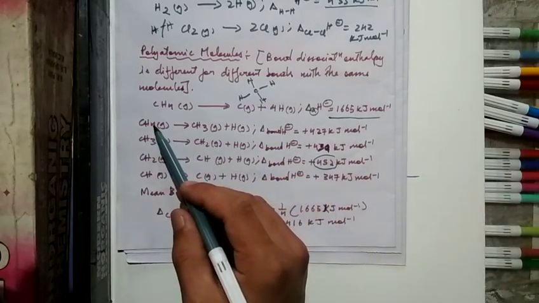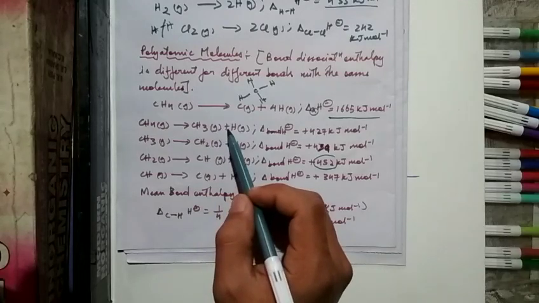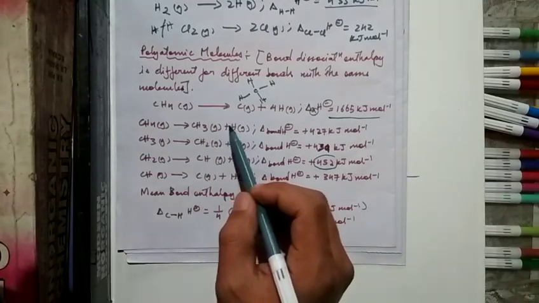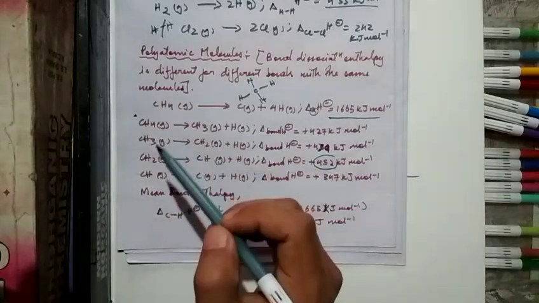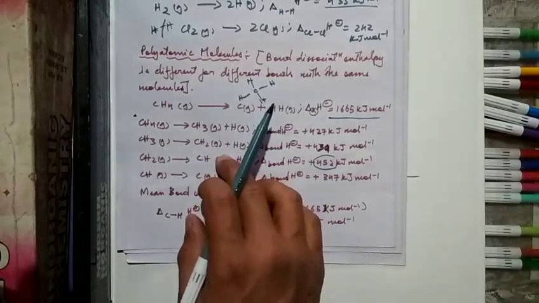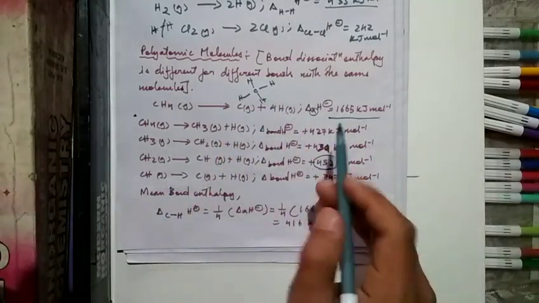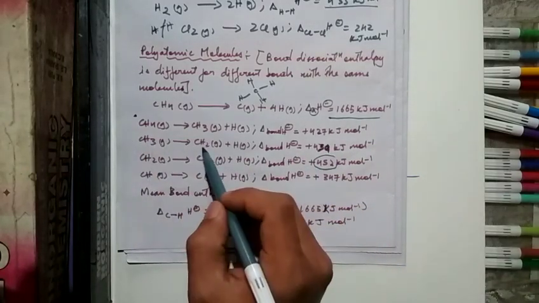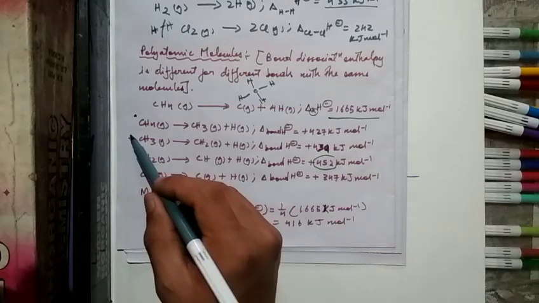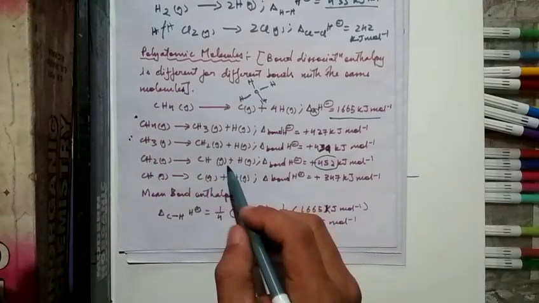What happened is, since one hydrogen is removed, this carbon will have 1 unpaired electron. Here it becomes CH2, so it will have 2 unpaired electrons.